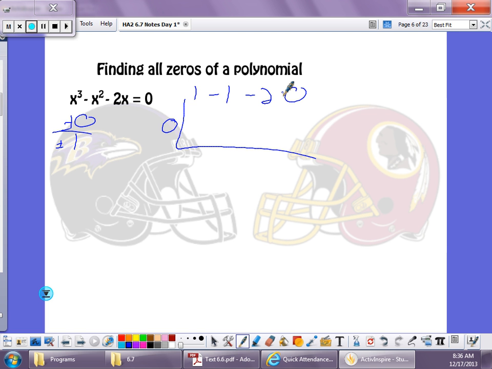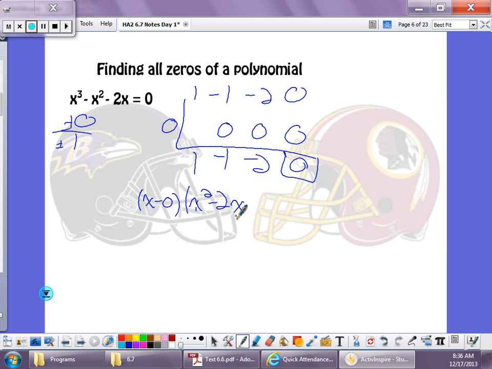Okay? So I'll go through the process. 1 times 0 is 0. -1, 0. -2, 0, 0. So is 0 a zero? Yes. So then the next step, remember, we would say x minus 0. And then I go down 1 degree from here. So x squared minus x minus 2.